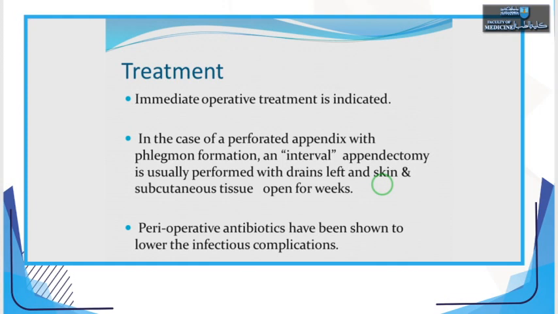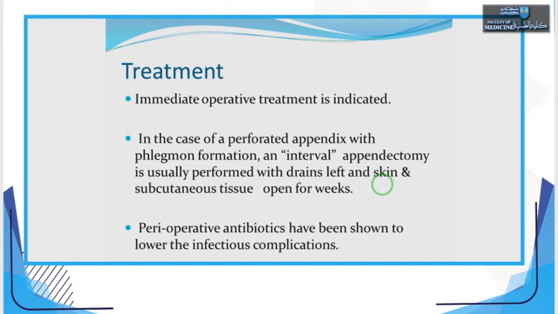In case of a perforated appendix with phlegmon formation, if it is only a phlegmon formation, inflammation without pus formation, you can do what we call interval appendectomy. This is usually performed with drains left and skin and subcutaneous tissue open for weeks.